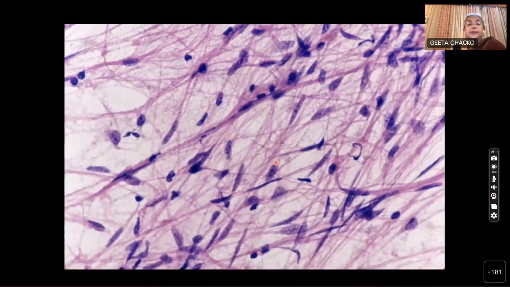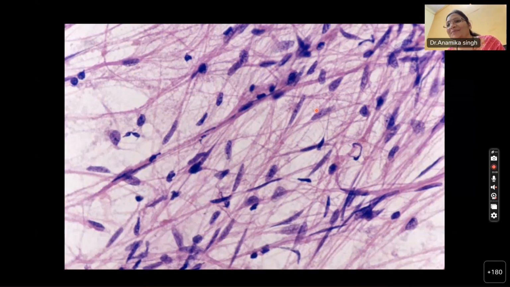Thanks. So this is a smear preparation, and can you describe what you see? This image seems to be a squash preparation, and it shows numerous astrocytic cells which are bipolar, having bipolar capillary wire-like cytoplasmic processes, and at some places we can see a few thickened eosinophilic fibers.